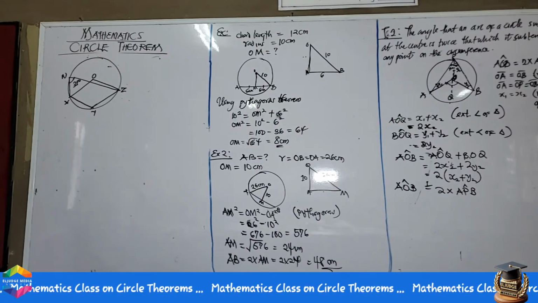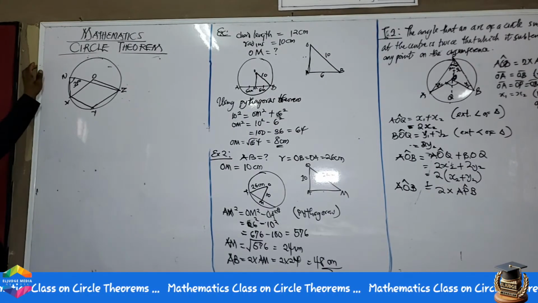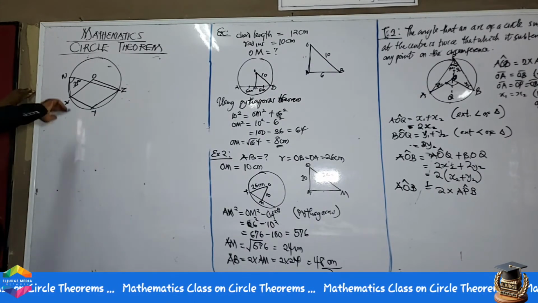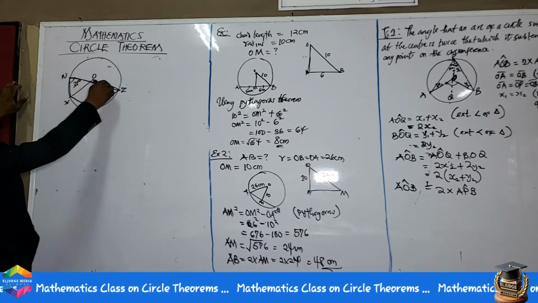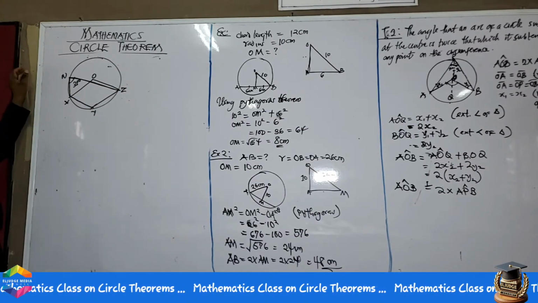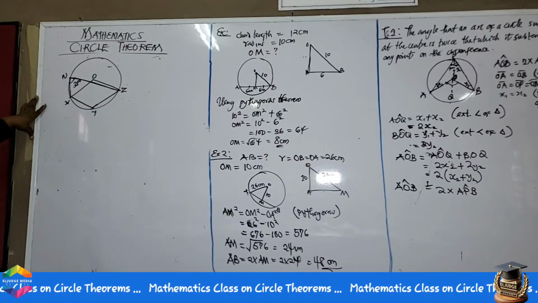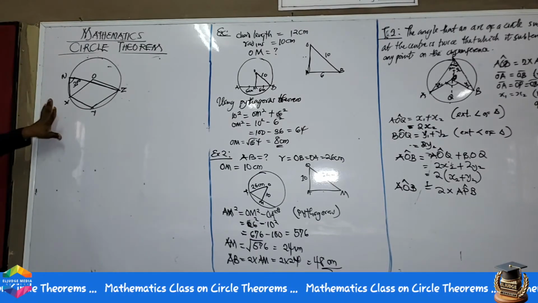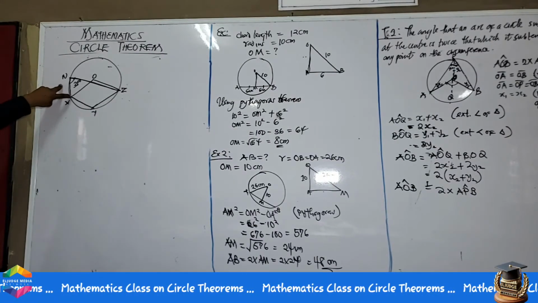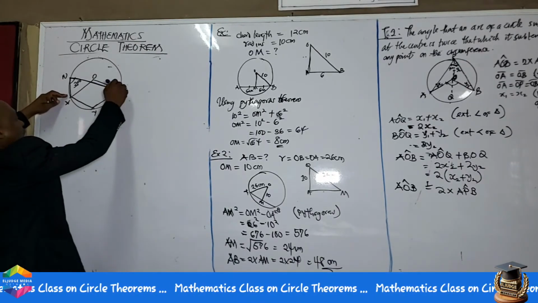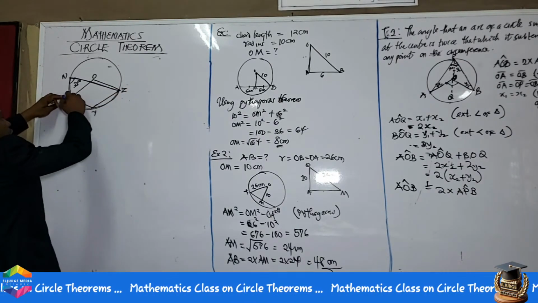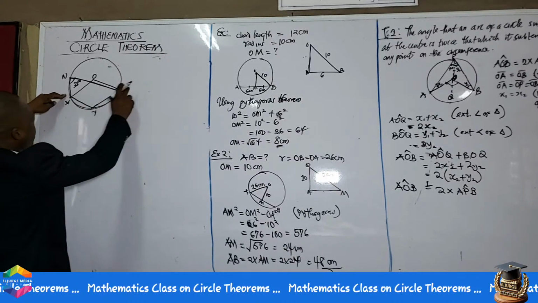If you look at this diagram very well, this is the only angle subtended at the circumference of this circle. This is the angle subtended at the circumference. The arc that subtends this is the minor arc XZ.